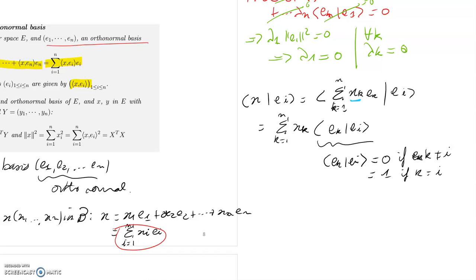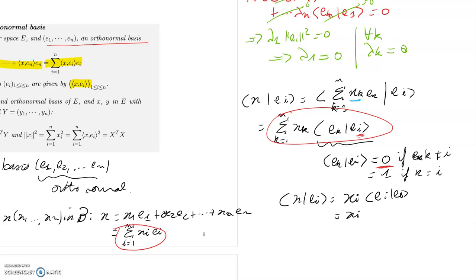Okay, so in that sum, the only non-zero term is going to be the one corresponding to i, because all the other ones correspond to 0 factors. So we get that the inner product of x with ei is only taking the ith element: xi times the inner product of ei with ei. And we already know that this is 1 because the norm of the vectors is 1, since it's an orthonormal basis.